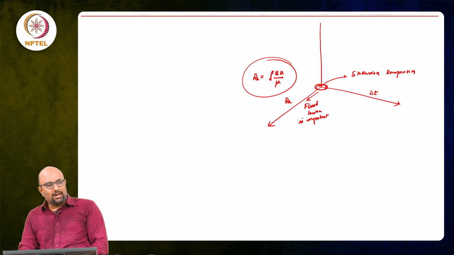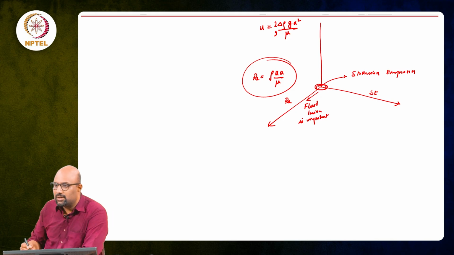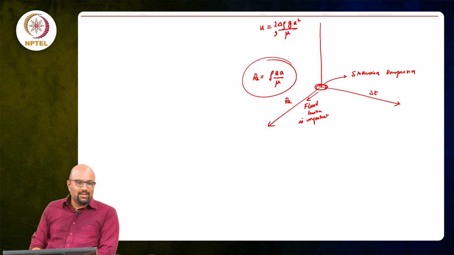Now, how do we increase the velocity? Think of your settling velocity or even a rise velocity; we have only said settling so far. This is the expression for either settling or rise.